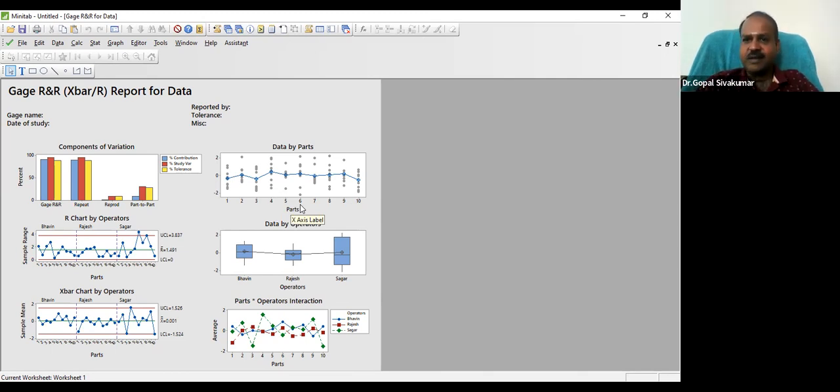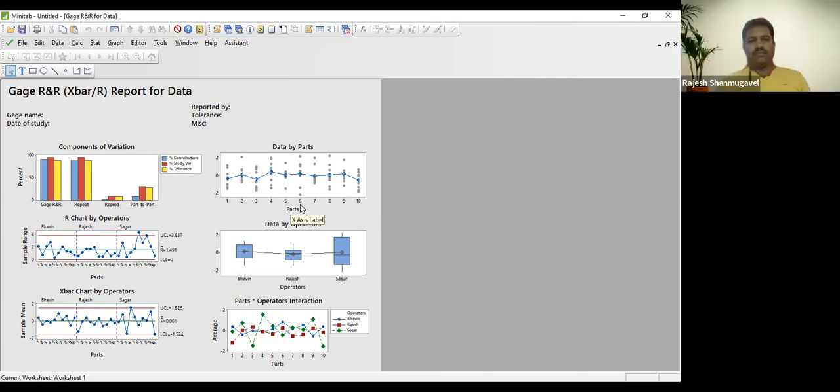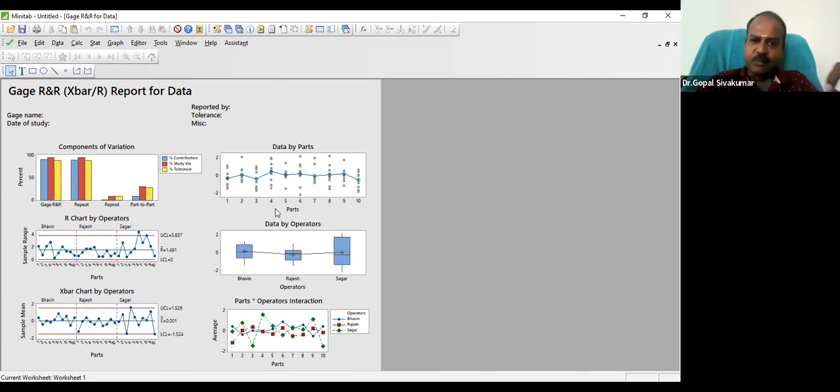Even part number 4 pulls down your reproducibility. Part number 4, part number 6, and part number 8 pull down the reproducibility of the system, because your team is finding each of them difficult.